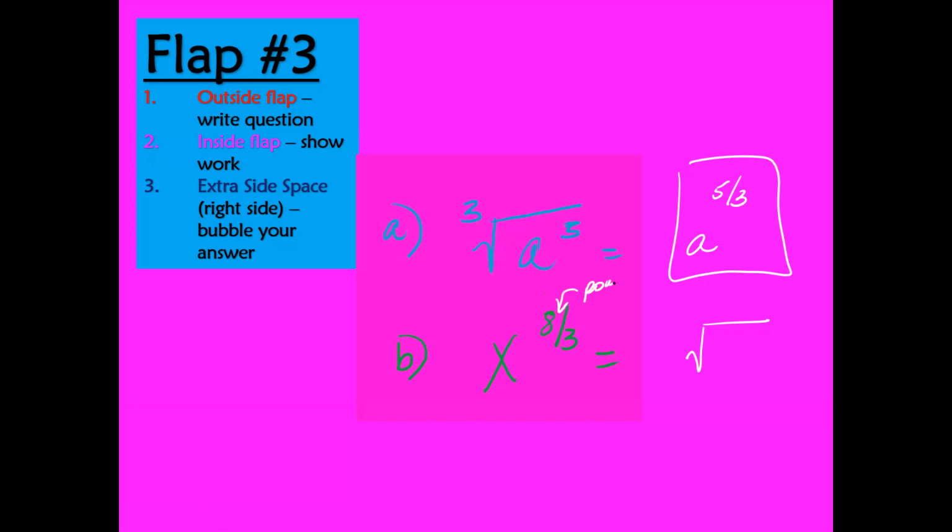So remember, the power is on top, and the bottom is the root. When I write it down, you have the root, and you have your power like that. Then you put the x down, your power is an 8, and your root is a 3, and that is your answer.